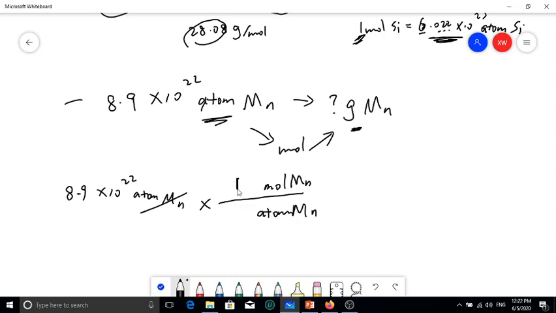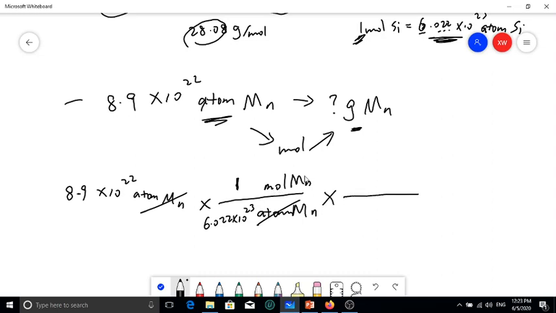So every 1 mole, always going to have 1 mole, equals the number that goes with the atom, which is going to be that big number, 6.022 times 10 to the 23rd. Now, by doing this, you basically got rid of the atoms of manganese, you got the mole of manganese by dividing the original number by the Avogadro number.